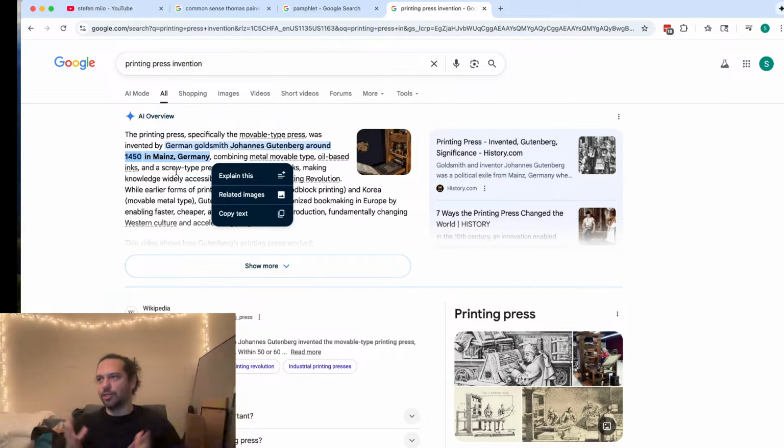Now, running the printing presses was very costly because each page was different. So what they used to do is they'd make these plates of each page, in the form of typeset, basically letters.